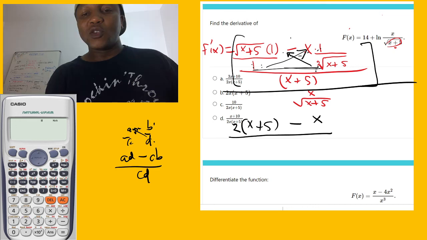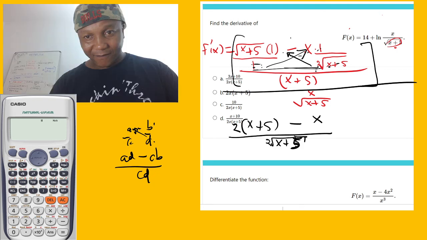So, and then this and this is going to give us 2 times x plus 5. Okay, and then remember, you must put it over x plus 5.